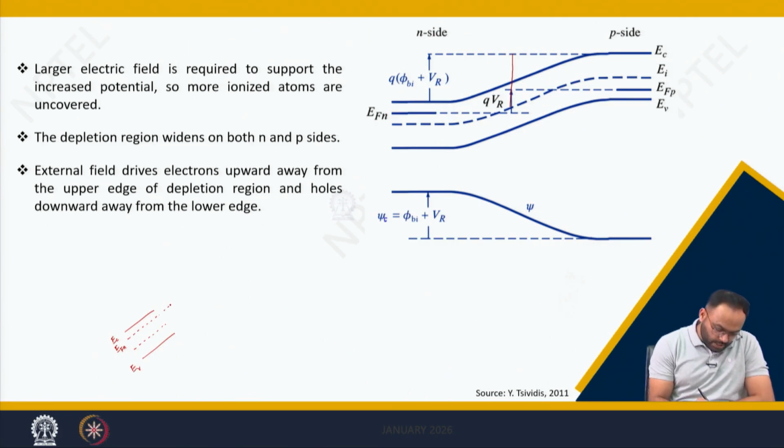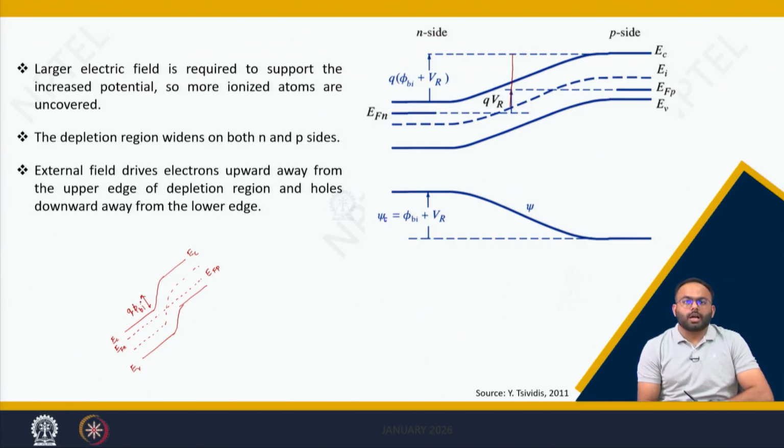Similarly, when there is no voltage applied, the Fermi level is aligned. So this is EFP, and this is the valence band, and this is the conduction band. And this bending is nothing but Q times phi Bi.